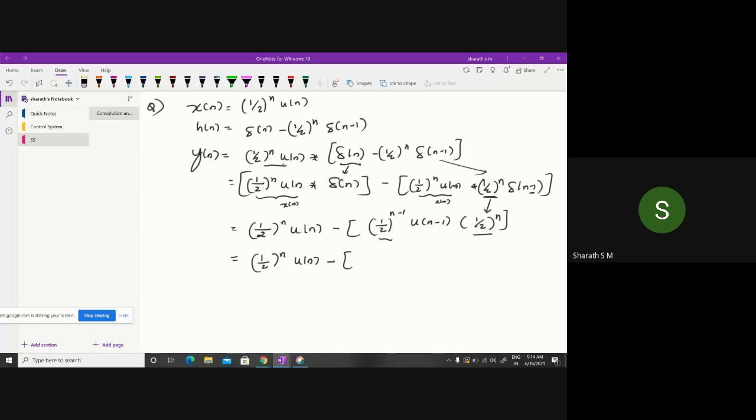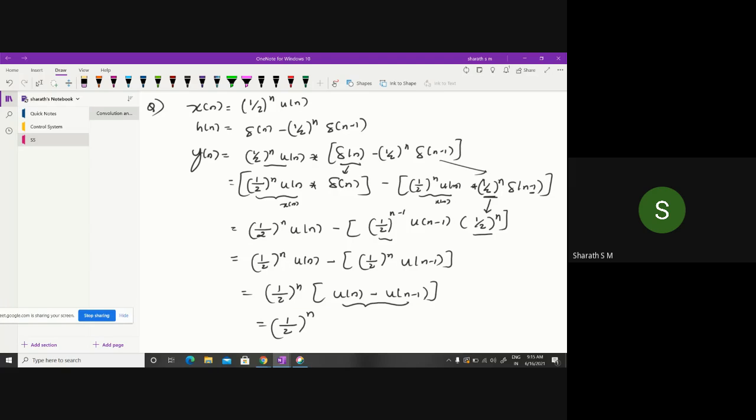What do we get from u of n minus u of n minus 1? We have a sample. What is the remaining signal when we subtract these two? Where do we get the sample?